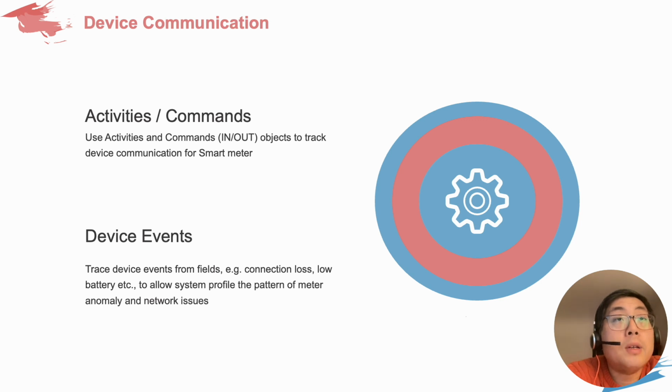So to track those, we can make sure we know what is happening during that time, especially when the meter read comes in looking a bit strange or different from the normal meter reads. And also we can understand whether it is a meter issue or a network connection issue in those cases.